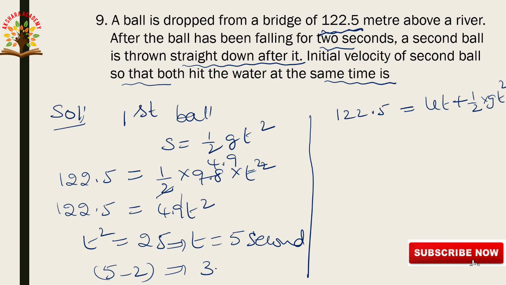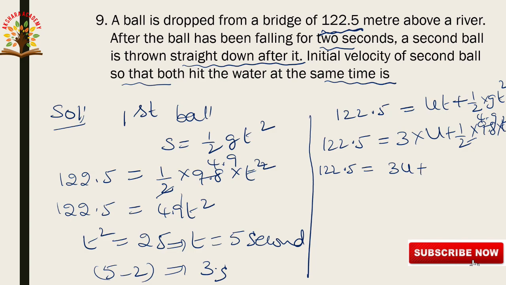Substituting the values, 122.5 equals 3 into u plus half of g, 9.8, into t square. Half of 9.8 is 4.9, so 122.5 equals 3u plus 4.9 into t square.